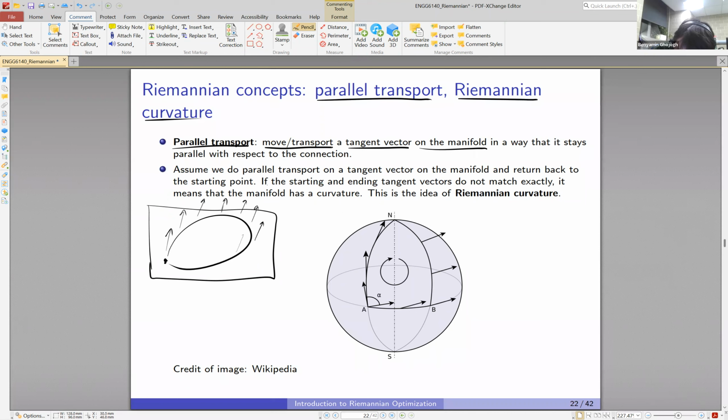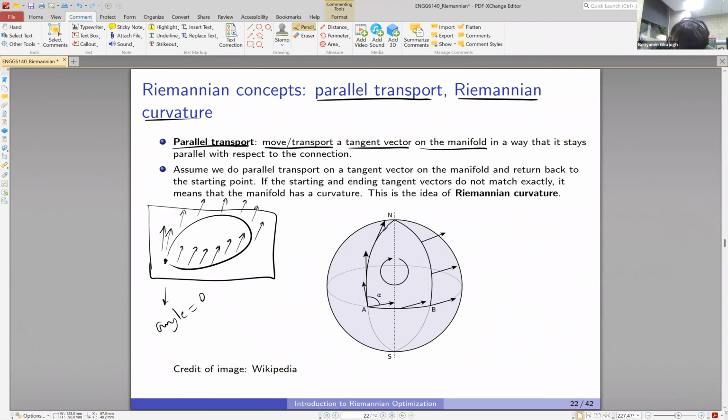As it is flat, these are parallel to each other, parallel transport. And at the end, I will match exactly where I started. And the angle between these two is 0. Why do they stay the same, parallel the same? Because it's flat.